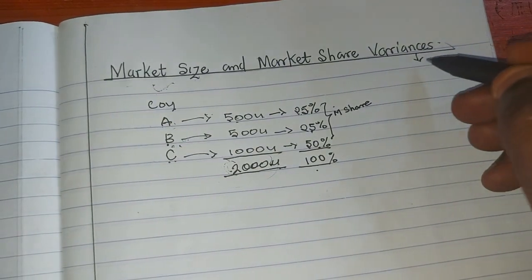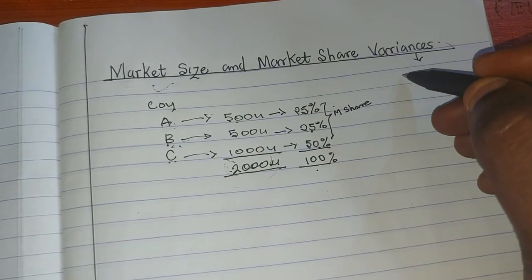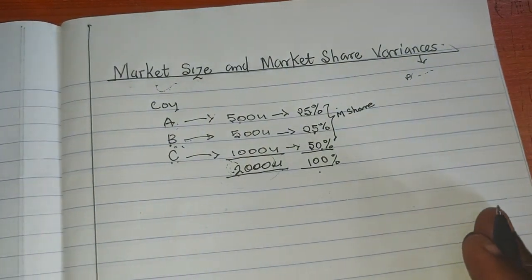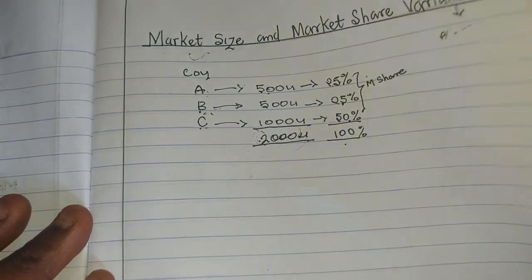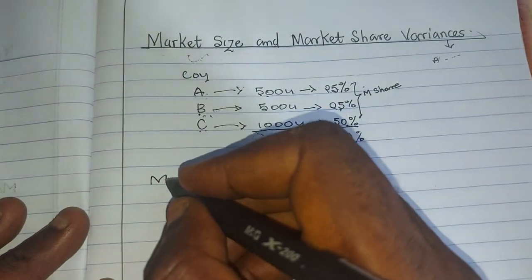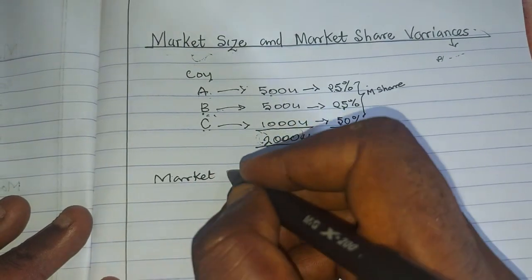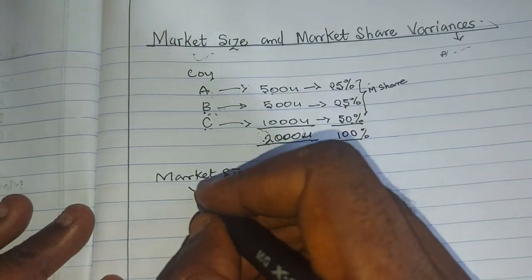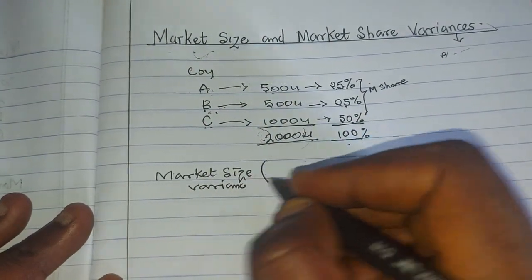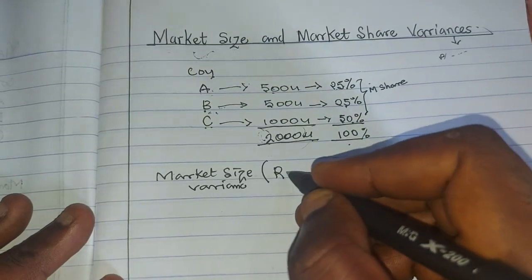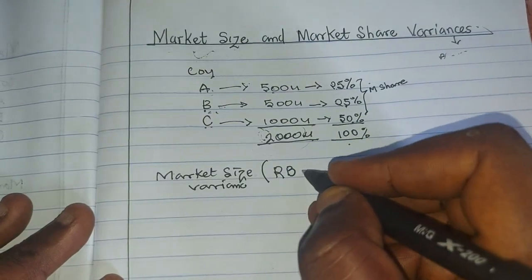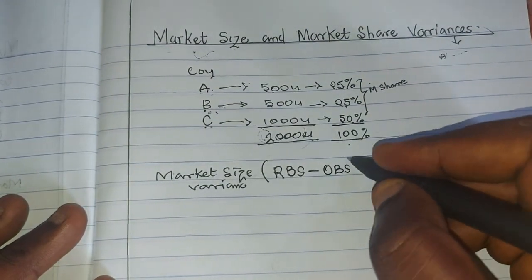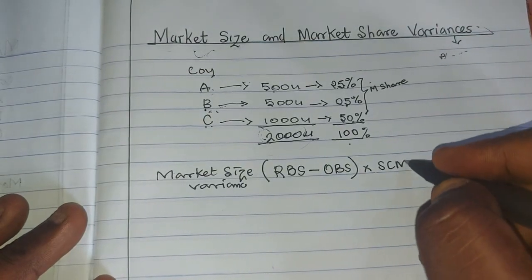Of course, what is variance? Variance is the difference between the budget or standard and the actual performance, the actual results. Now, how do we calculate market size variance? Market size variance is the difference between the revised budgeted sales and original budgeted sales multiplied by standard contribution margin.